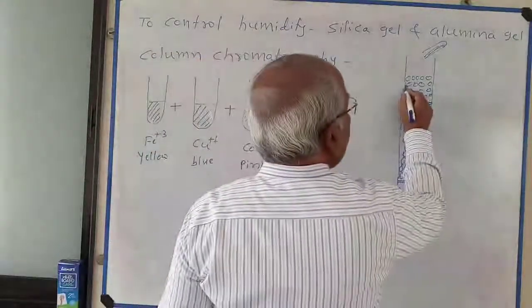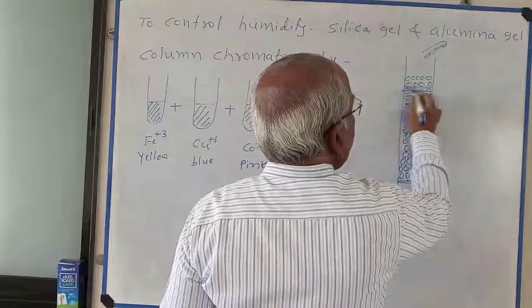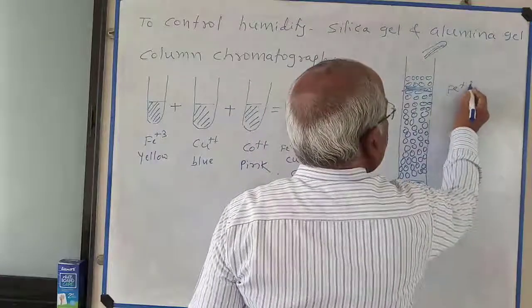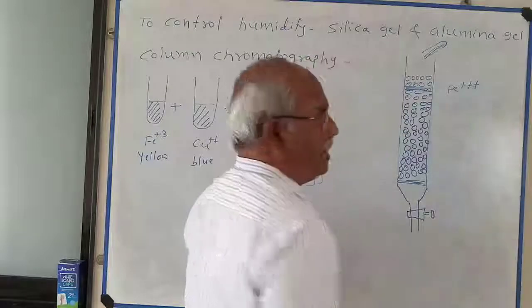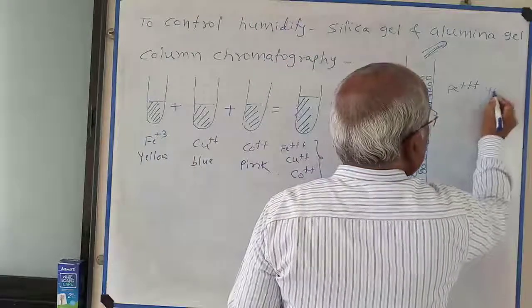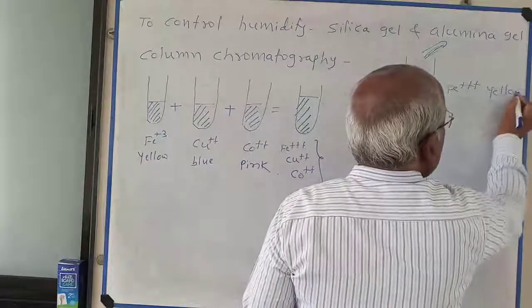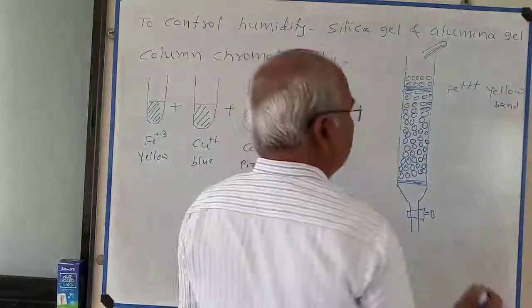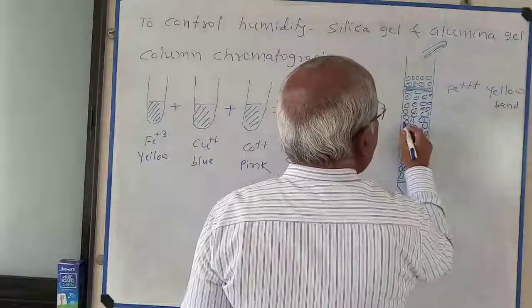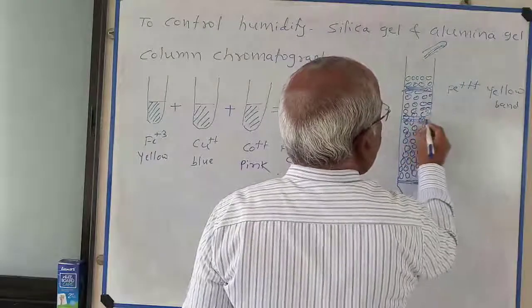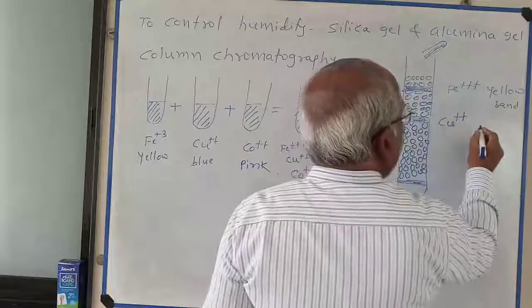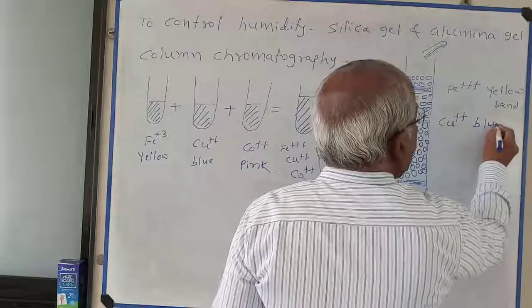At the top of the column, Fe+3 ions are adsorbed and form a yellow band. Then below this, Cu++ ions are adsorbed and form a blue band.